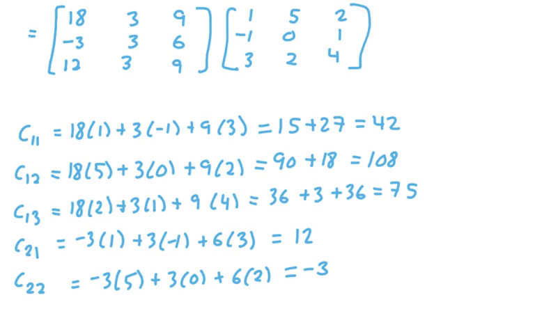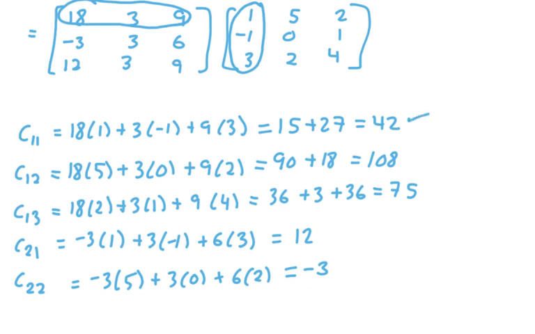If you notice, I go through and find every entry of that product. I start with C11. I'm taking the first row of 3E and dotting it with the first column of D. That's 18 times 1 plus 3 times negative 1 plus 9 times 3.